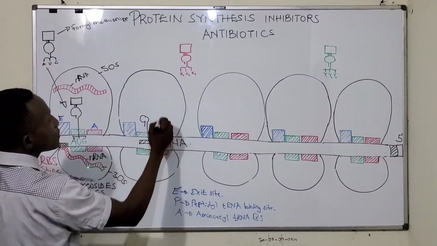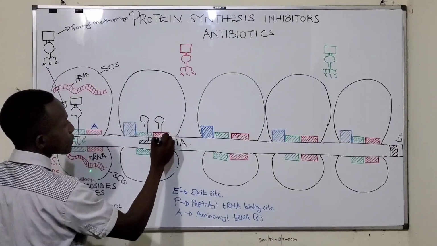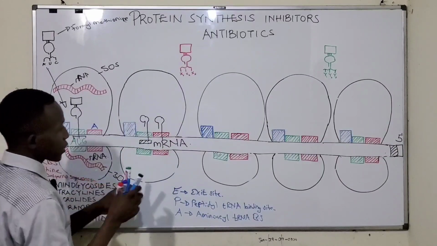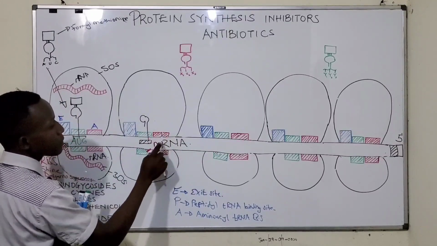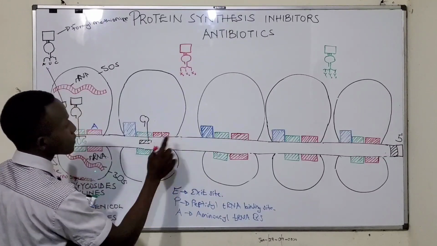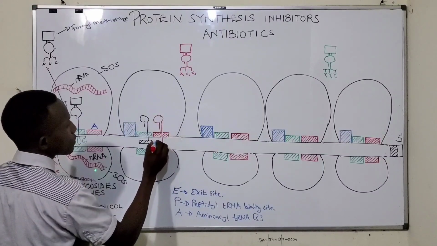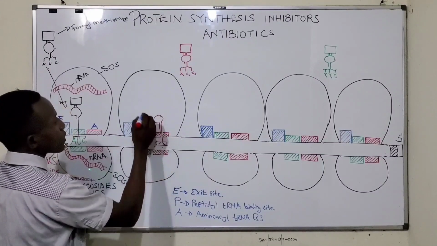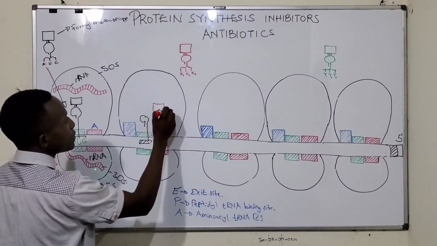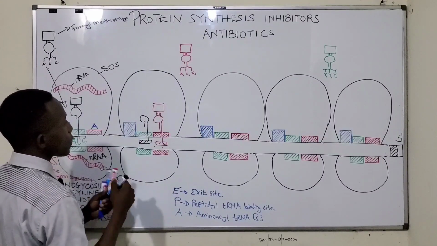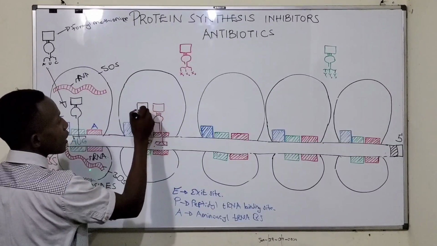Then another amino acid, also on a transfer RNA, we shall have this. Let me use different colors so that we can separate them. This is the messenger RNA. This one has the second amino acid, and this one has the first amino acid.